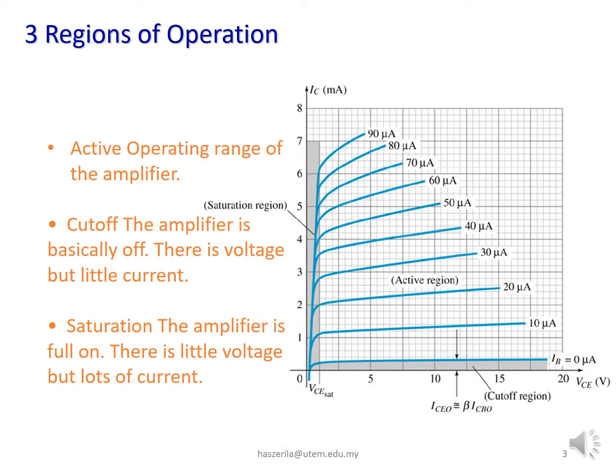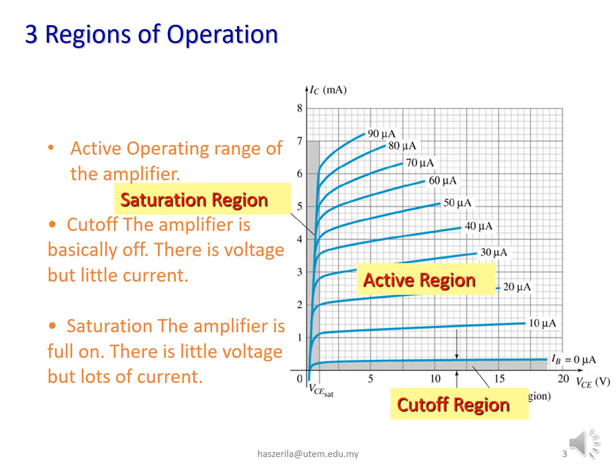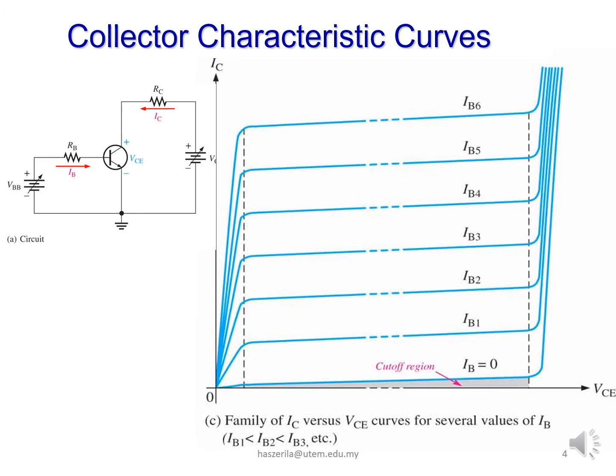There are three regions of operation for the BJT. The first one is the saturation region, then the cut-off region for IB less than or equal to 0, and the active region. A family of collector characteristic curves is produced when IC versus VCE is plotted for several values of IB, as given in the figure.